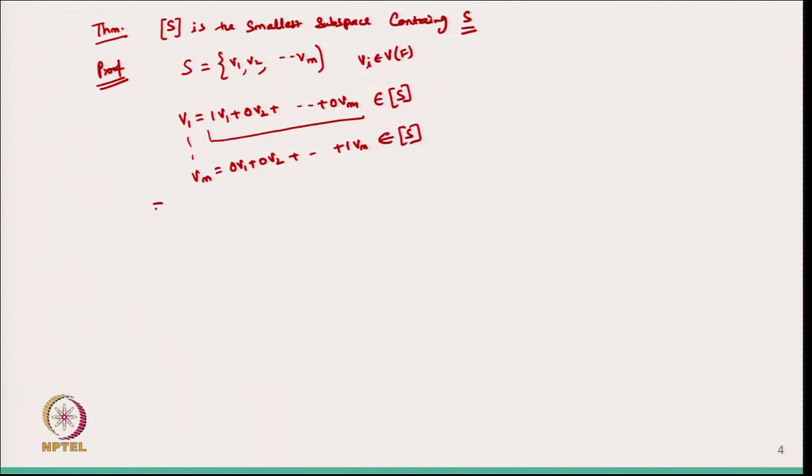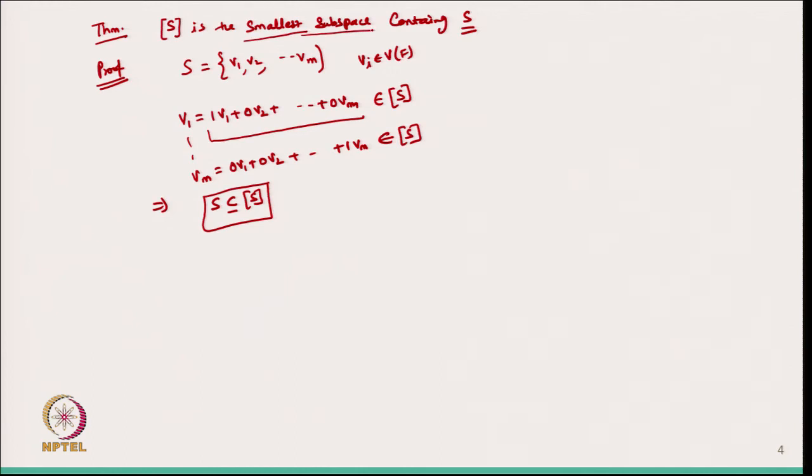So, from here I can say that S is a subset of this one. So, this one I can say. So, from here I can say that this S is contained in the span of S. Now, the claim is that it is the smallest subspace.